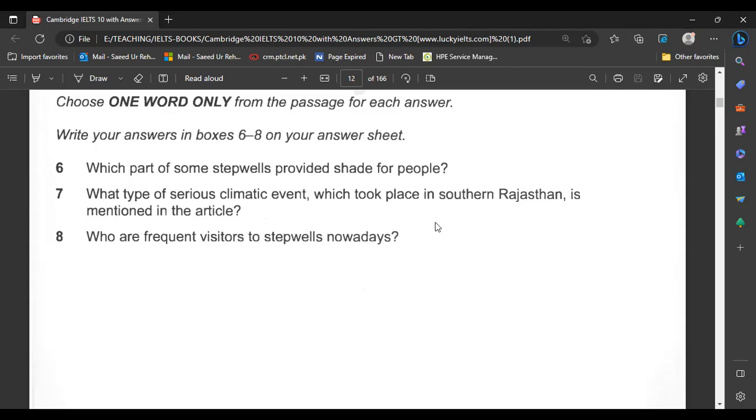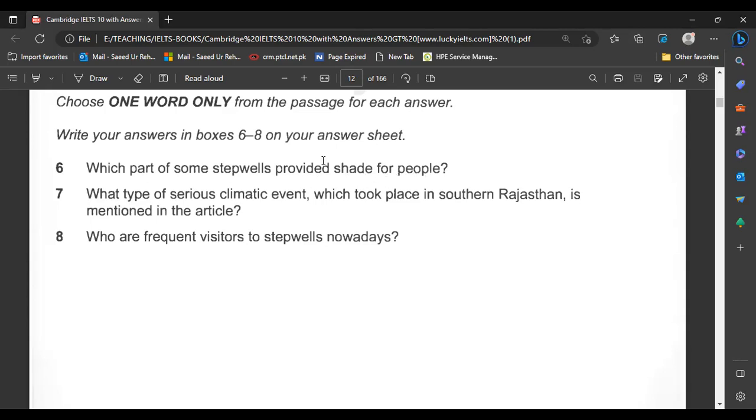So how will you manage the answer? You will read the question, then you will move to the passage. You will skim and scan the passage, and you will find the area by the keywords. Which part of some step wells provided shade for people? So part of step wells, shade for people. These are your keywords.